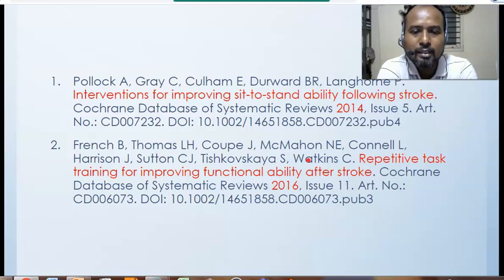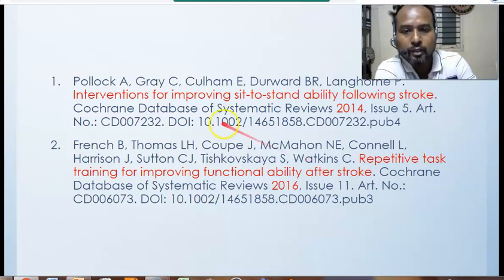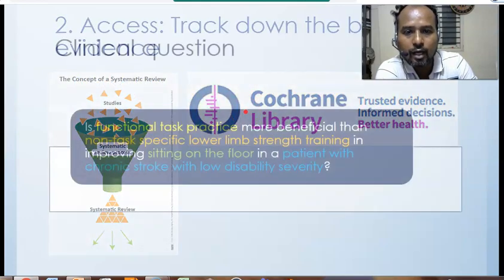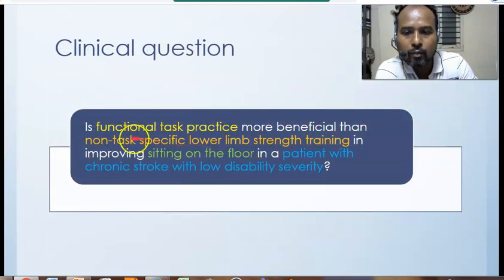So that made me decide that I should be giving task-oriented exercise. But as you remember, the question that I asked has an important component, that is the outcome, that is whether this improves sitting on the floor in a patient with stroke.